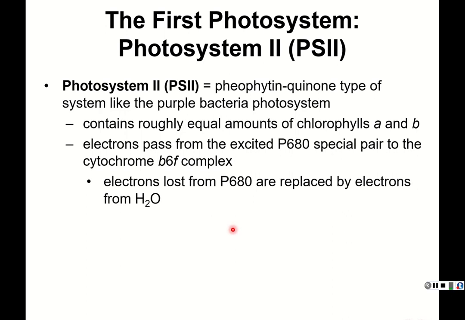It contains approximately equal numbers of chlorophyll A and B. Electrons pass from the excited P680 special pair to the cytochrome B6F complex. The electrons that are lost from this P680 are replaced by electrons from H2O.